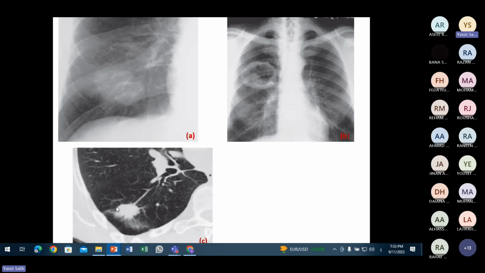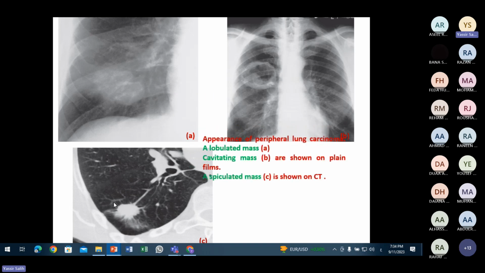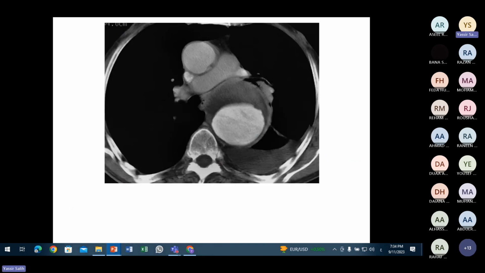This nodule has an outline that is ill-defined, or what do we call it? Yes, infiltrated, irregular, or speculated. Notice it has infiltration or speculation, or as I said, an irregular outline. Does this feature go with benign or malignant? Malignant. This is a speculated mass.